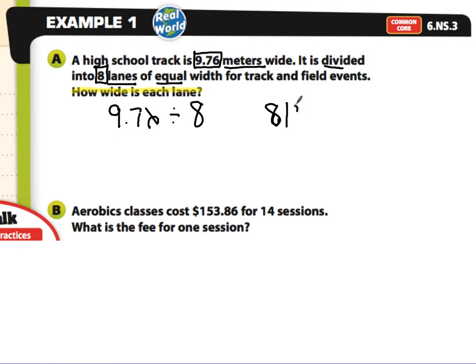Right, my dividend in this case is 9.76. Line at the top. There we go.